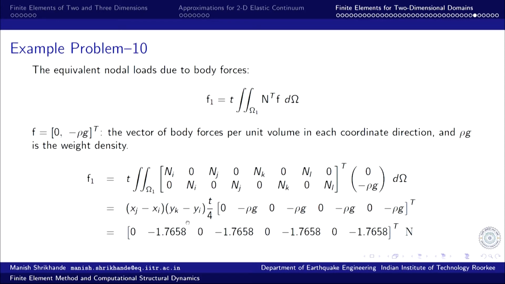Once we substitute the values for all of these coordinates for element number 1, the thickness, and the values of rho and acceleration due to gravity g, we get this vector for the element forces in newtons. Essentially it is equally distributed at all the nodes: 1.76 Newton downward at all the 4 nodes. That is the gravity load, self weight.